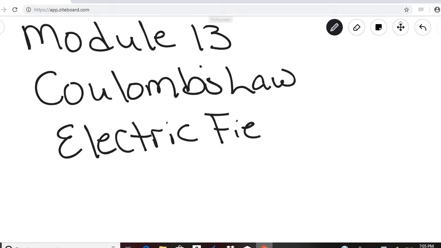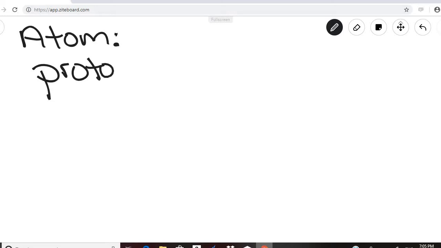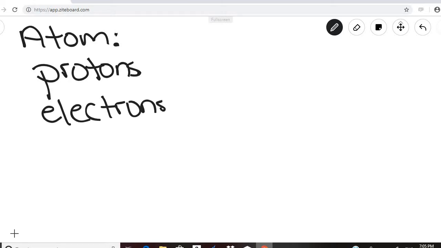So let's start by reviewing some information that I'm sure you all know, but it's good to review it. So you know that an atom is made up of protons, electrons, and neutrons.